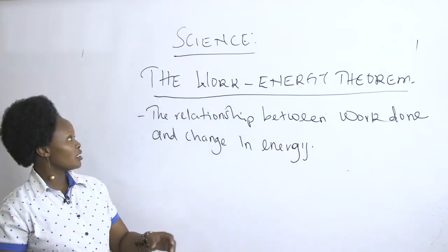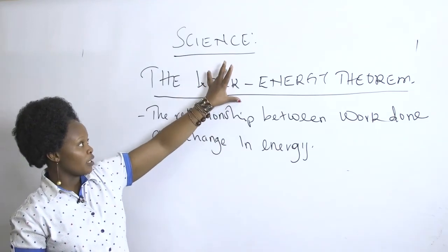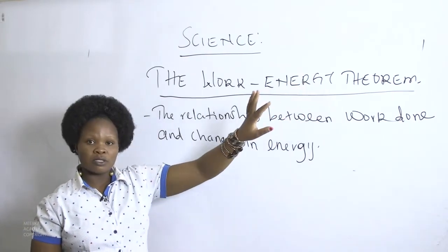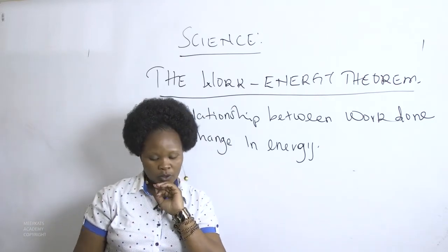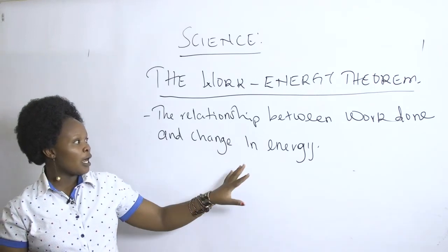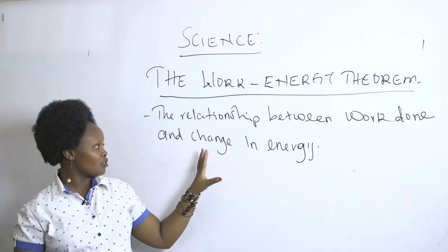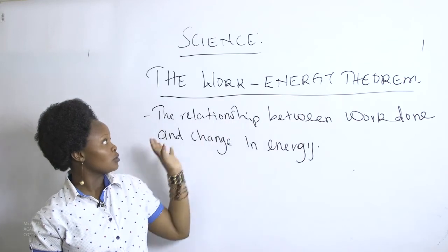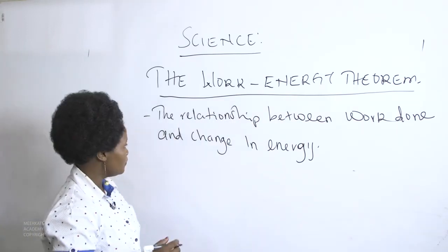Now, basically what we are saying is that we found out that for you to do some work, you require some energy. We also looked at the kinds of energy that we have at our disposal in our last lesson. Today we want to ask ourselves, how does the work done and change in energy compare? That is exactly what we are interested in when we are looking at this theorem.